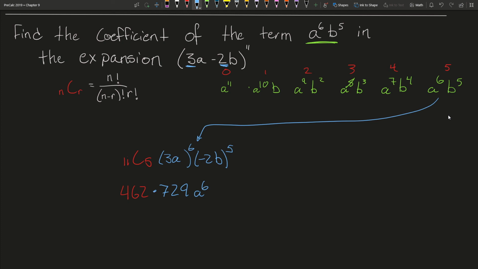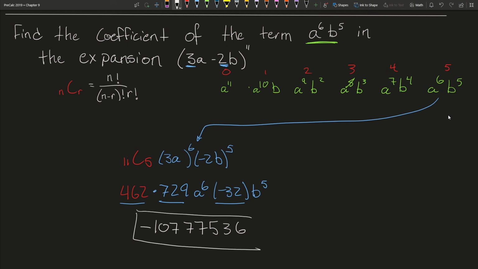Negative 2 to the 5th, that's negative 32. And then we can multiply these constants together. So 462 times 729 times negative 32. And then that will be our coefficient of our variables.